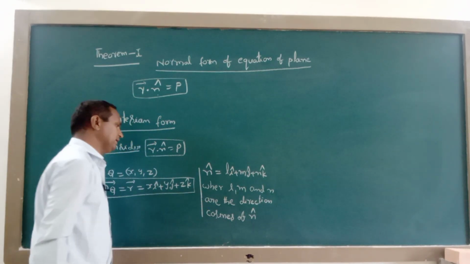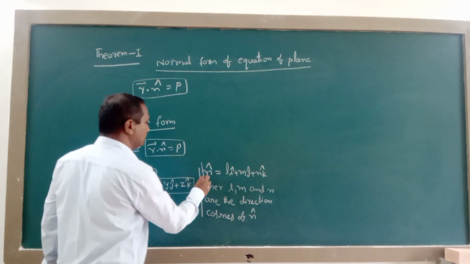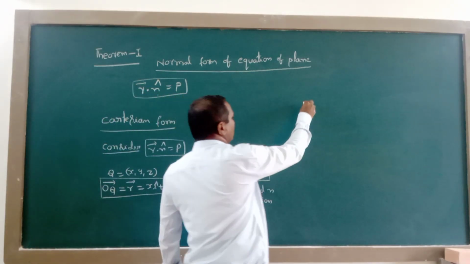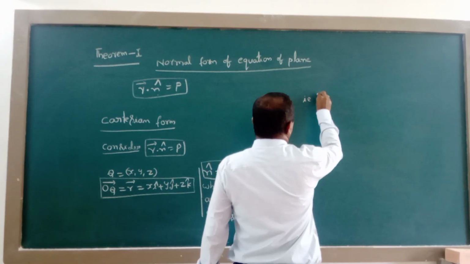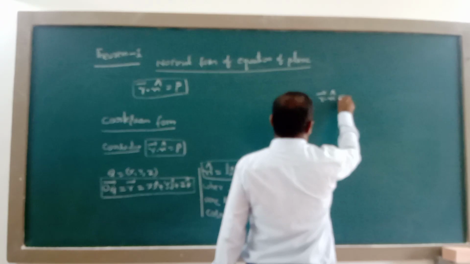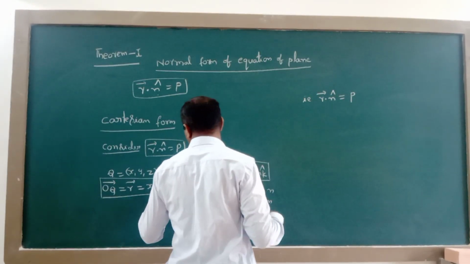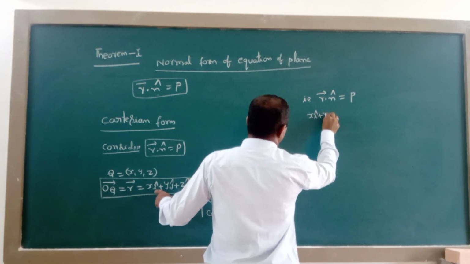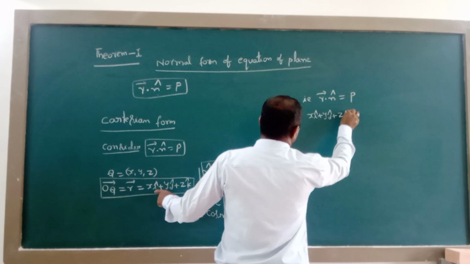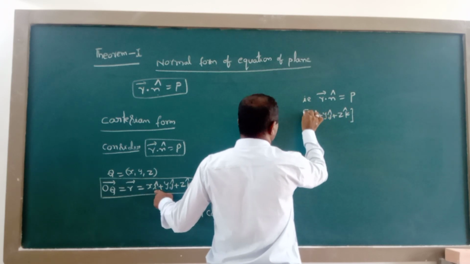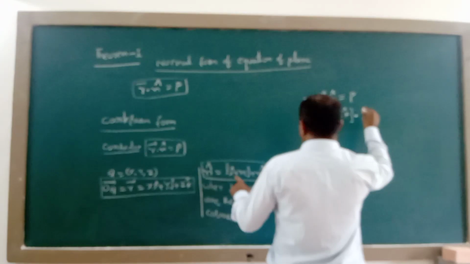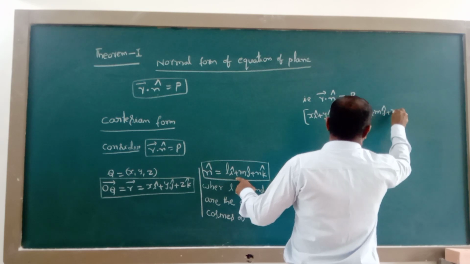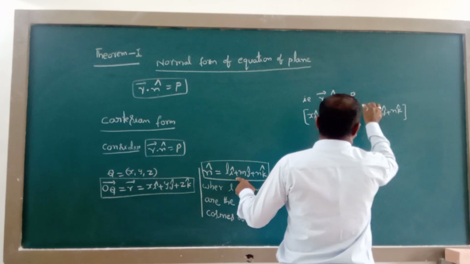Now we are going to substitute these two vectors in the vector form of the equation of the plane, that is, r vector dot n cap is equal to p. That means (x i cap plus y j cap plus z k cap) dot (l i cap plus m j cap plus n k cap) is equal to p here.